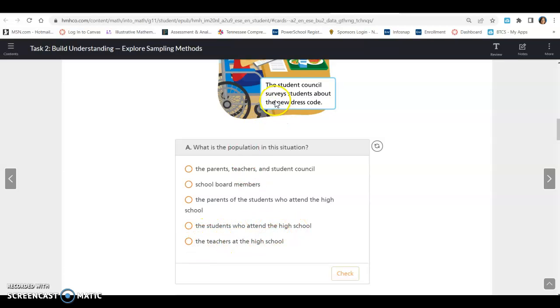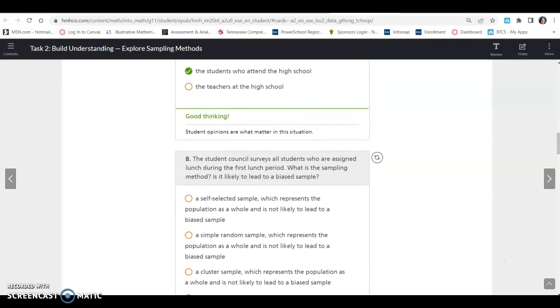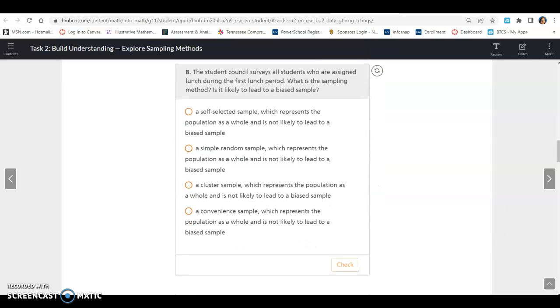So since they're doing a survey about the students' dress code, the population would be the students who attend the high school. The student council surveys all students who are assigned lunch during the first lunch period. What is the sampling method? Is it likely to lead to a bias?